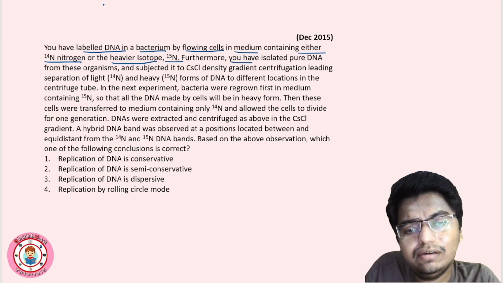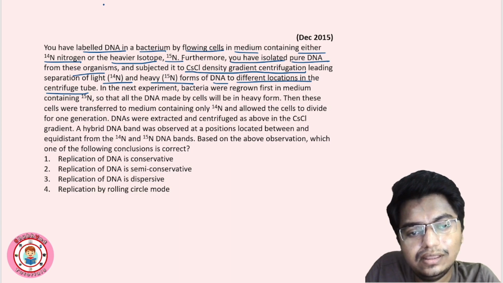Furthermore, you have isolated pure DNA from this organism, and it is subjected to CsCl density gradient centrifugation, leading to separation of light and heavy forms of DNA to different locations in the centrifuge tube. This is the separation of light and heavy forms.